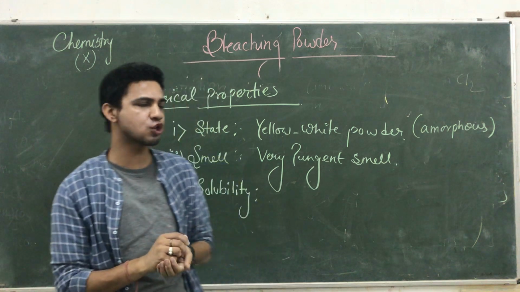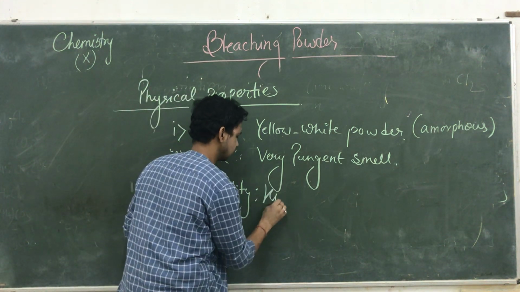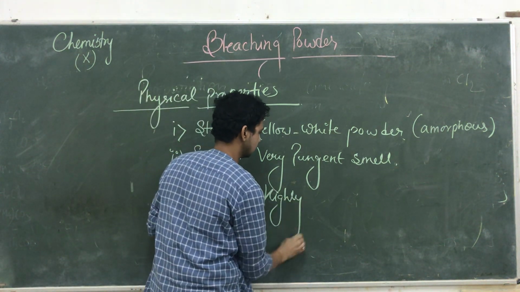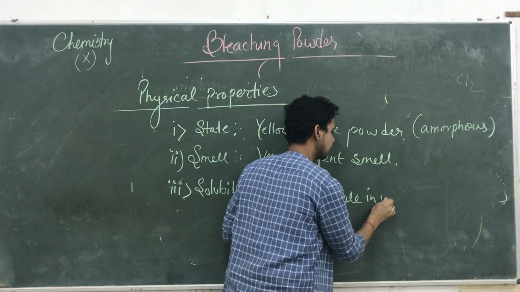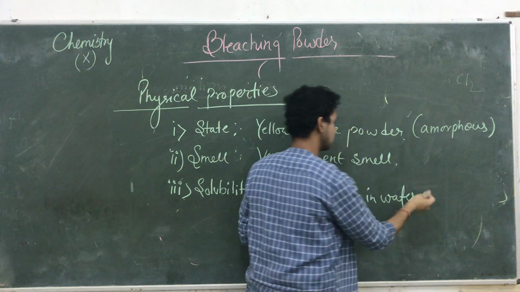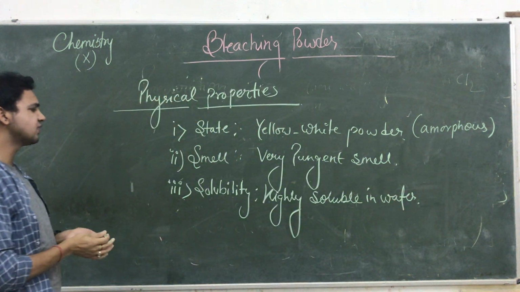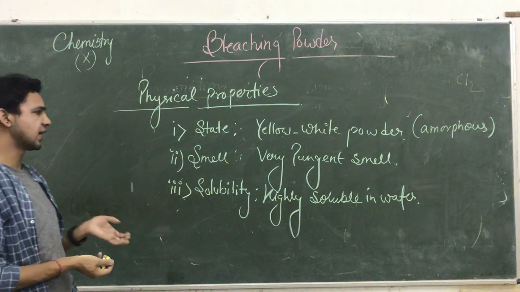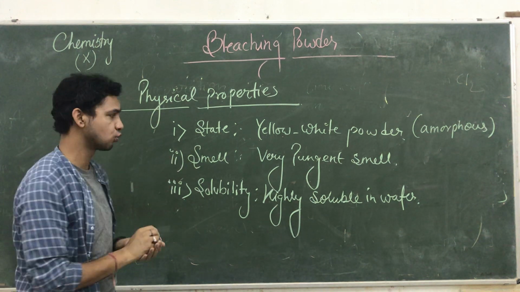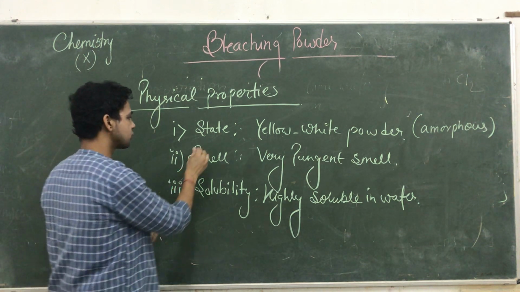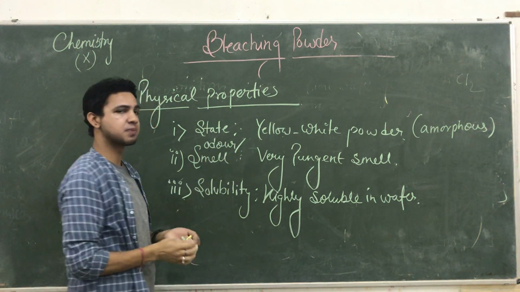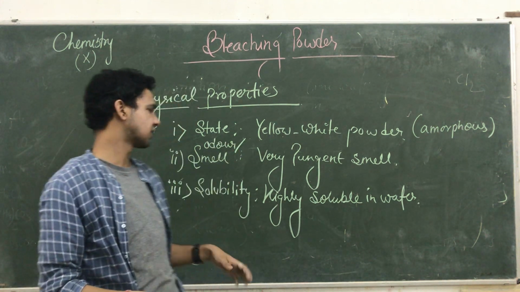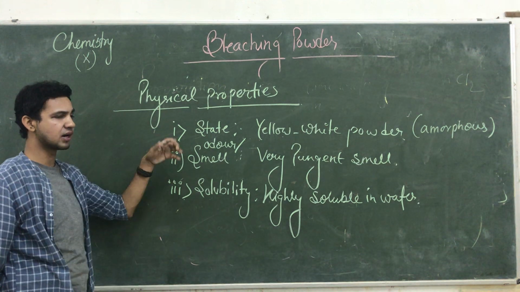So it is highly soluble in water. Okay guys, so these are the physical properties: state, smell, and solubility. Smell is also known as odour. You can write either smell or odour.